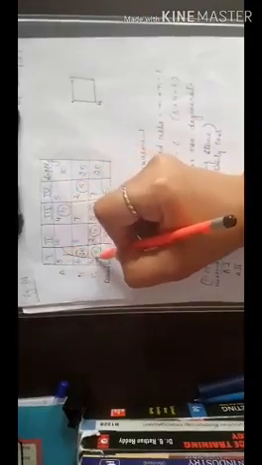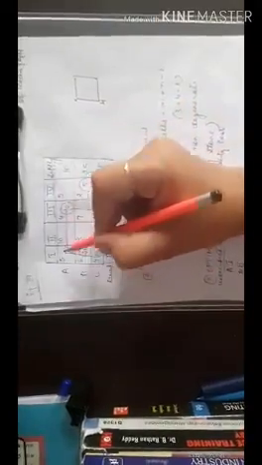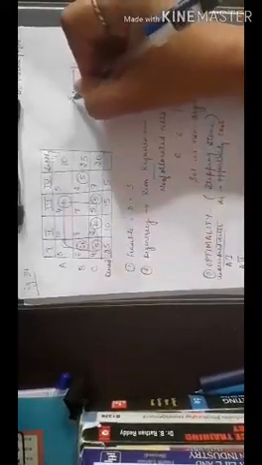For example, for A1, this could be the home square. Move here and come back to this cell.